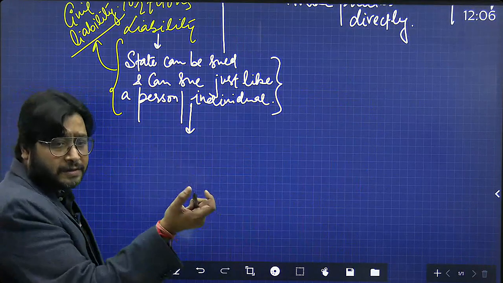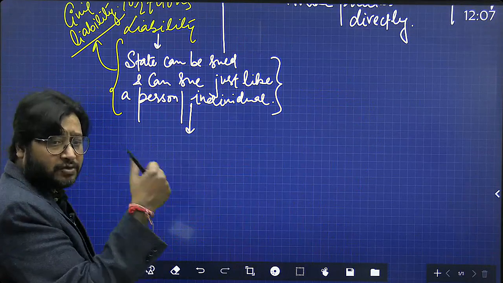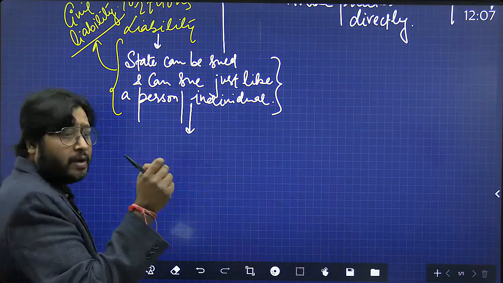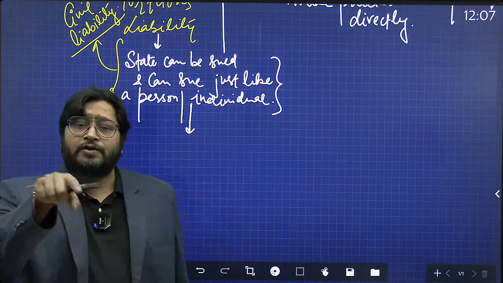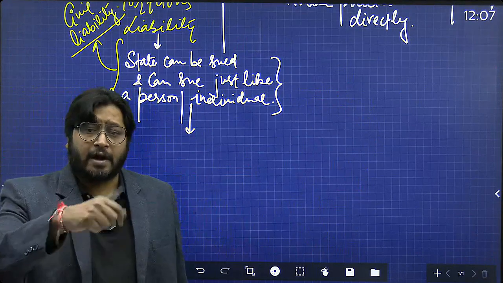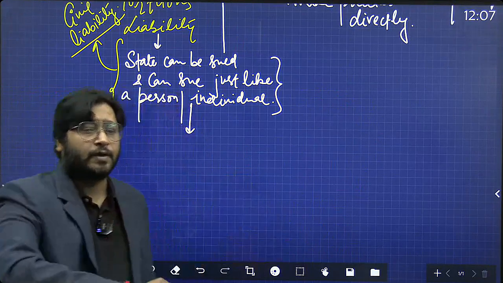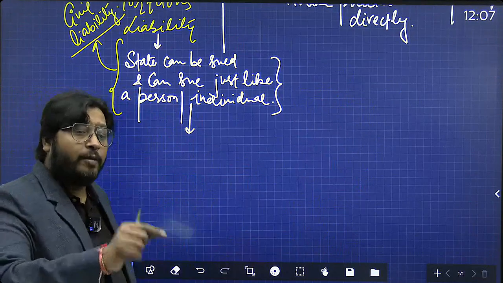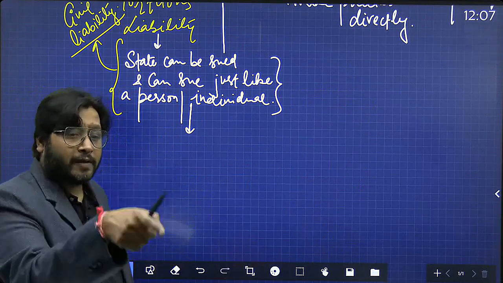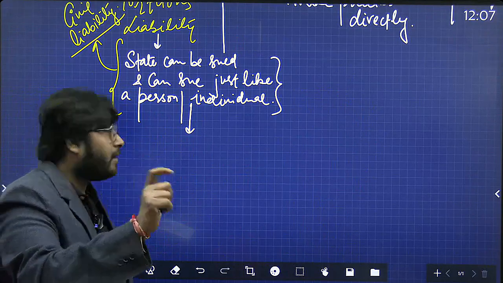Right? For civil wrongdoings of their public servants, of their administrators, the state can be sued like any normal organization. So when a mistake is done by, let's say, a DTC bus driver, and he kills someone, obviously that is a criminal act. There, the responsibility of that individual driver is created. But if someone's boundary wall gets broken in the process, then it is a civil liability, and the state will be held responsible with the driver. That time, the driver will not be treated independently.